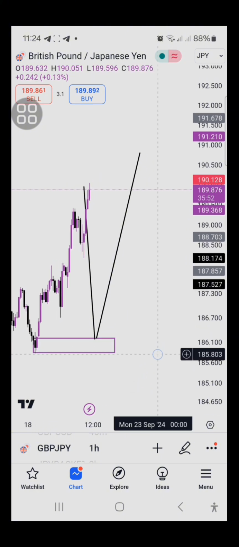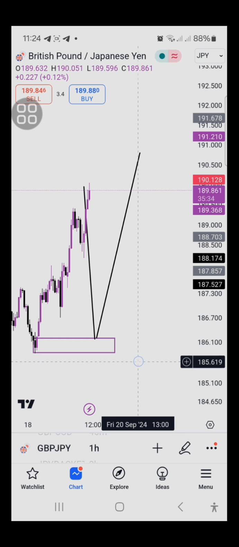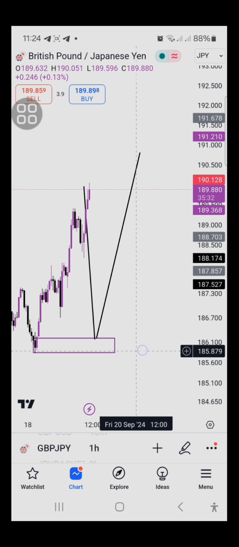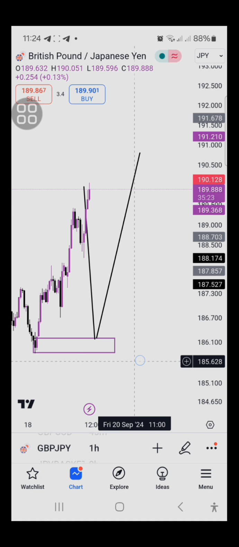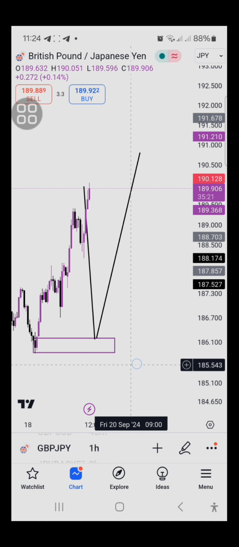My stop loss will be somewhere here or maybe slightly below to give room for liquidity or any other thing like that. So my stop loss will be somewhere around 185.839, or if I bring it down to accommodate any liquidity so that my stop loss has some space to breathe.